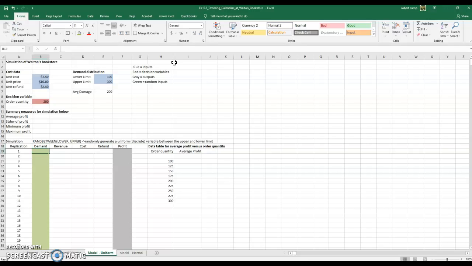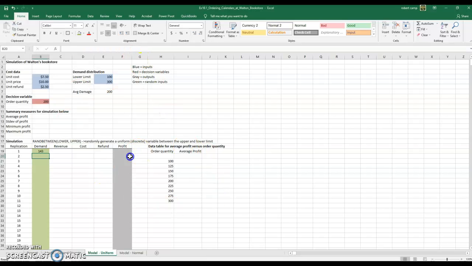So whenever I have RANDBETWEEN, we will have an integer coming out. It returns a random number between what numbers we specify. So here's our upper limit, hit F4 to lock that in, and our lower limit, we're going to lock that in too. So now every single time that this recalculates, it will give me a random integer between 100 and 300. And so there we go. 143 calendars is what our demand is going to be for this one.